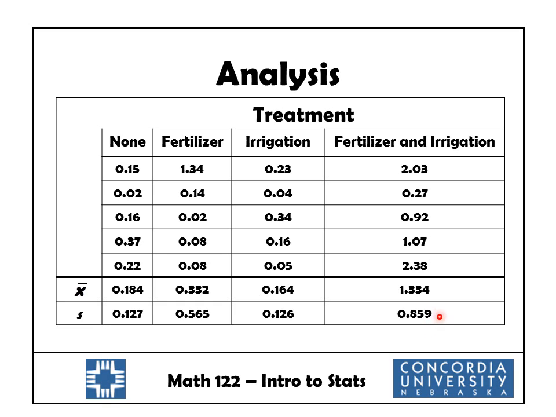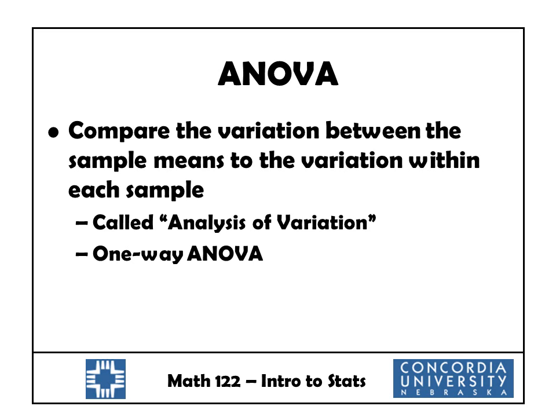Now these standard deviations, as we've mentioned before, are measures of how spread out the data are, or stated another way, they're measures of variation within the sample. So in this type of test, we need to compare the variation between the sample means to the variation within each sample.